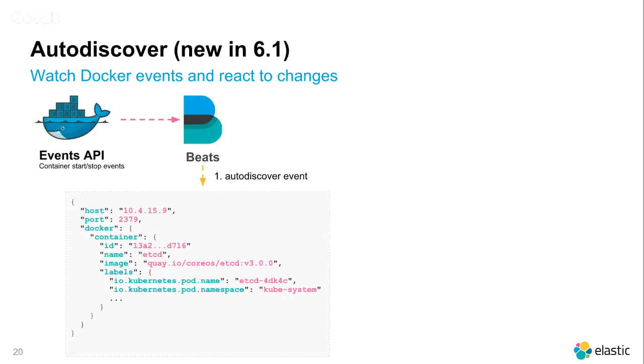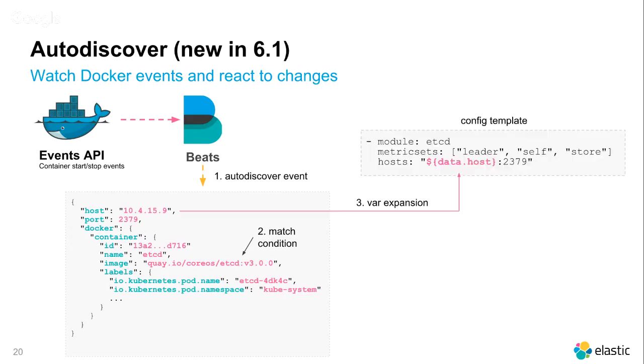With this information, for every event in the Docker infrastructure, we check the conditions that you gave us in the configuration. So in case it matches, like in this case, we can see the Docker container image is etcd, our condition in the previous configuration will match this auto-discover event. Then we take the configuration template from the settings you gave us and do var expansion on it. And this is where the magic happens and what allows you to define really dynamic environments.